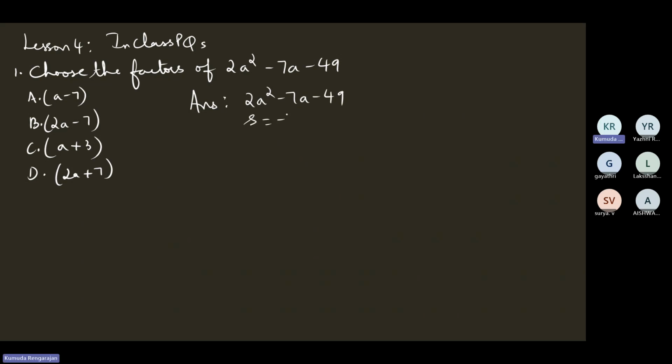The sum is minus 7, the numerical coefficient of a, and the product is the product of the coefficient of a square and the constant.